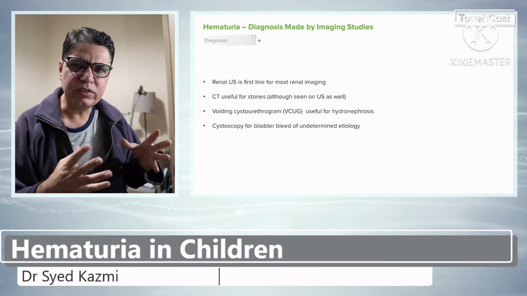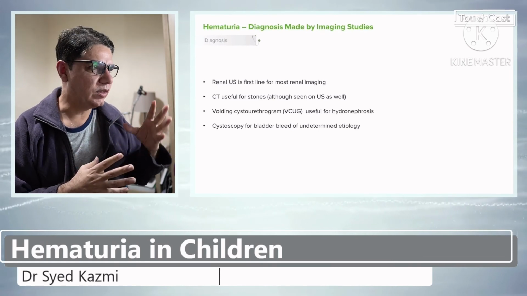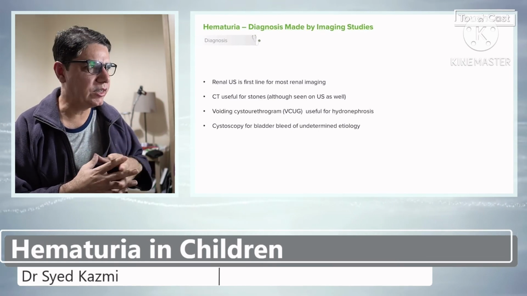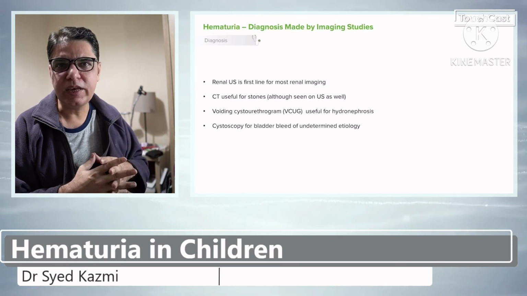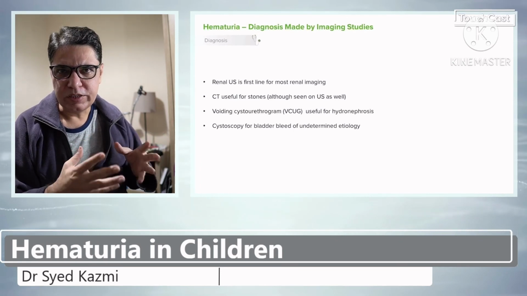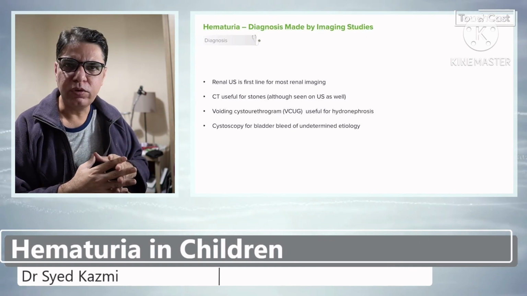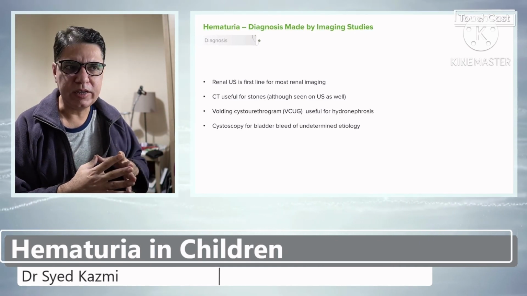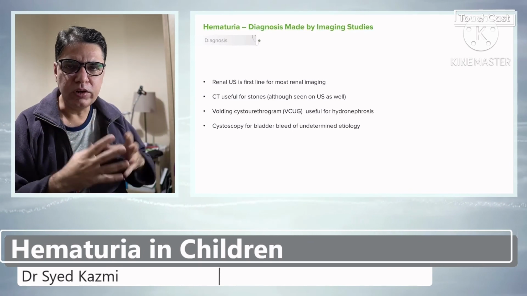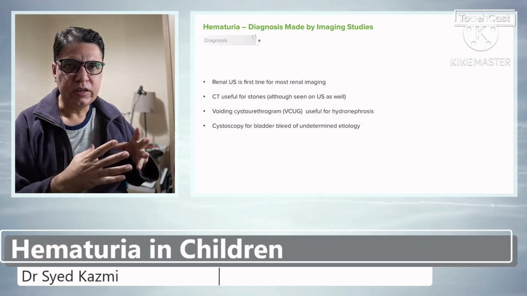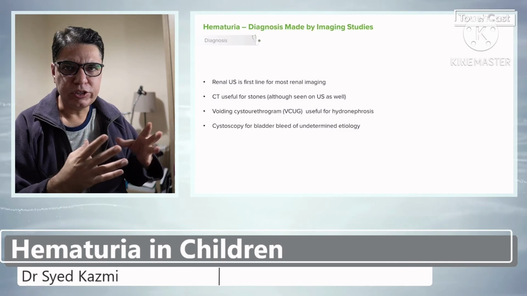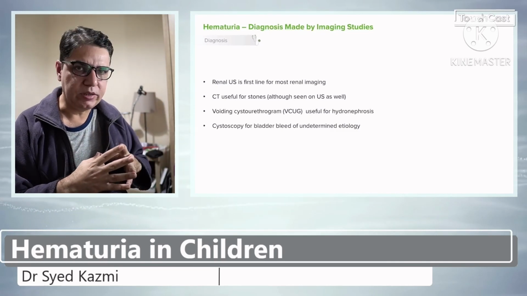CT is not that commonly used because of the associated dangers of radiation. Nevertheless, sometimes we can use a CT if needed. Voiding cystourethrogram is usually useful for hydronephrosis because it can delineate the whole urinary tract, and you can see the level up to which the dilatation extends.